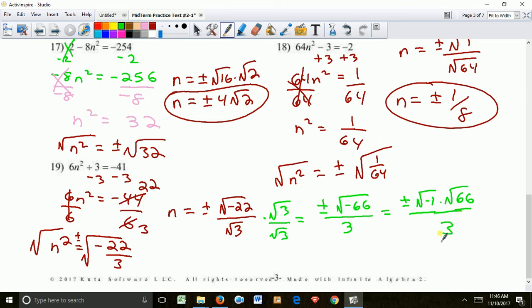Remember that the square root of negative 1 is i, so you get plus or minus i times root 66 divided by 3. Root 66 is the product of 2 prime numbers, 3 and 11. So here you can now simplify root 66.